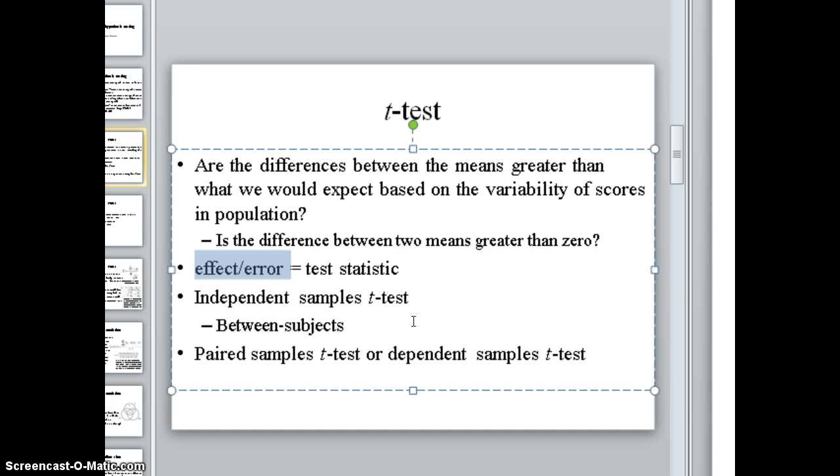They're not directly added up, but they are added up in one way or another, as we'll see in the formula. They're pooled. It's called a pooling of variability. We pool the variability of the two groups, and then we see how big the effect is given the error from these two groups all added up.